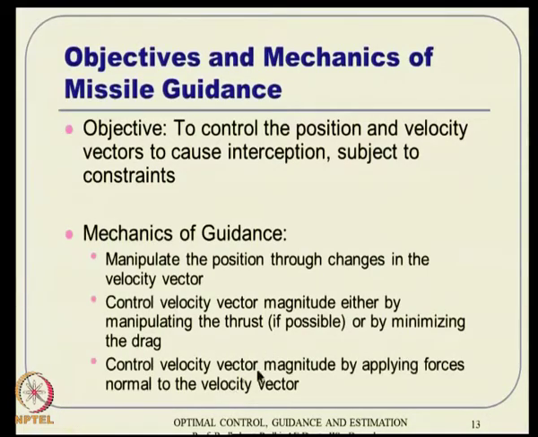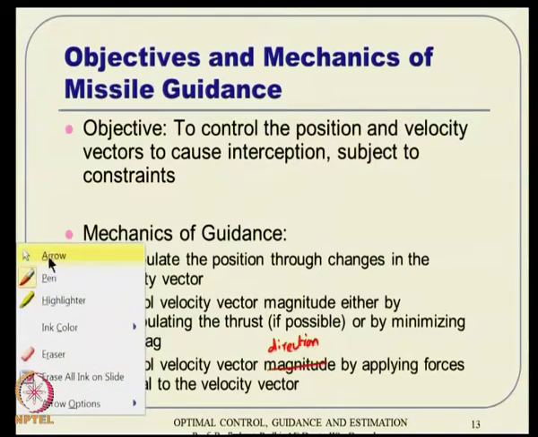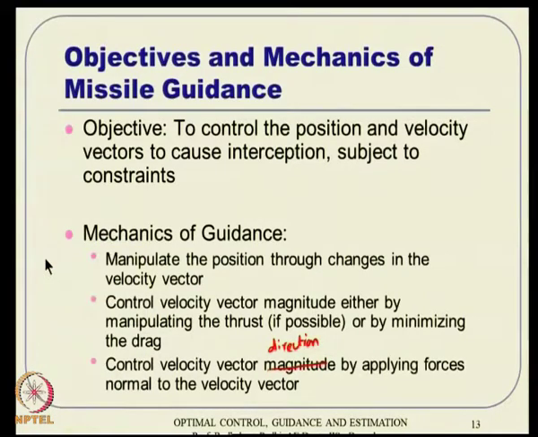I can also control the velocity vector direction, sorry, this is not magnitude, but this is direction. You can always control the velocity vector direction, and that is what is done typically largely by applying forces normal to the velocity vector, and that is where the course corrections happen actually.